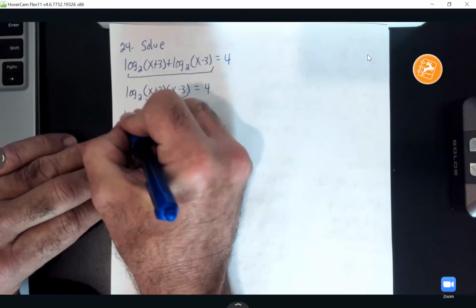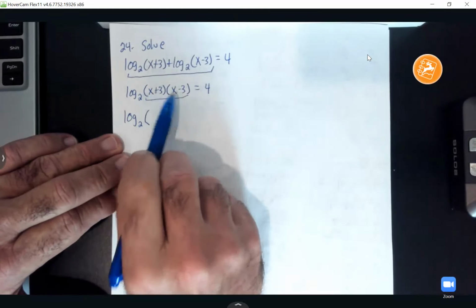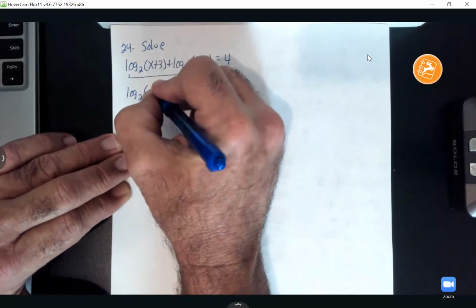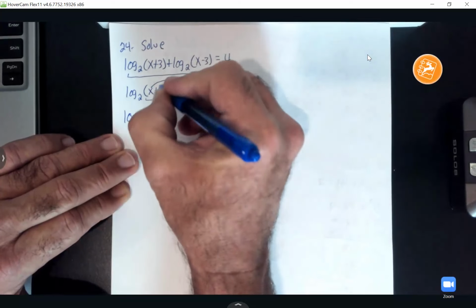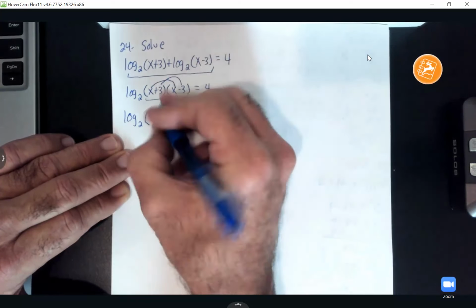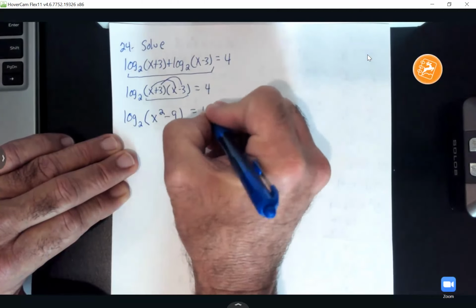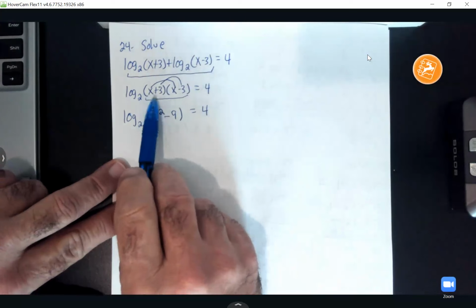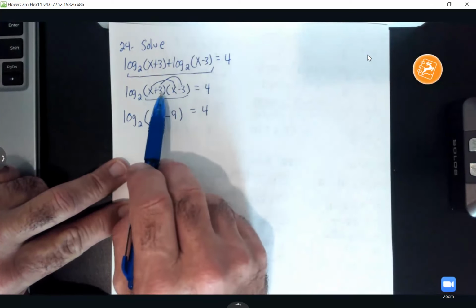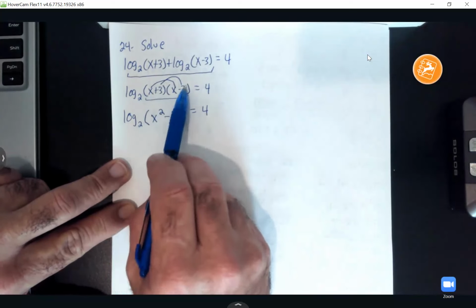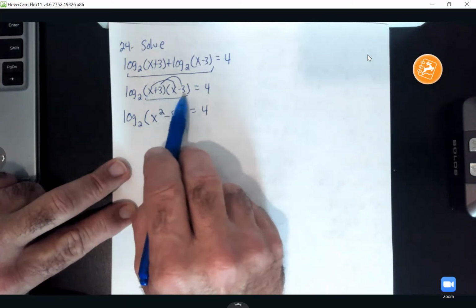So bring down your log 2. Now, these are conjugate pairs, so I'm going to shortcut. I'm going to do x times x and get an x squared. 3 times -3 is a -9. All equal to 4. So remember, conjugate pairs, I don't have to FOIL out everything because this 3x and that -3x are going to cancel anyway, okay? So shortcut on these conjugates.